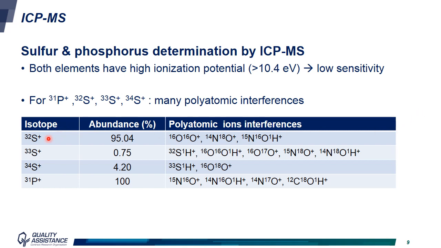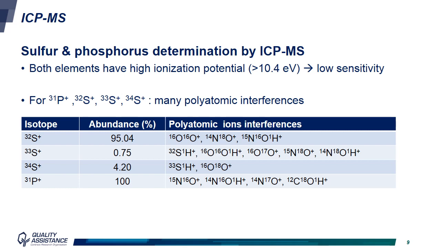For example, 32 sulfur, that is the most abundant isotope of sulfur with more than 95%, has a very large interference due to the oxygen. Remember that we introduce in the ICP-MS a water solution, meaning that you have thousands of times more oxygen than sulfur.